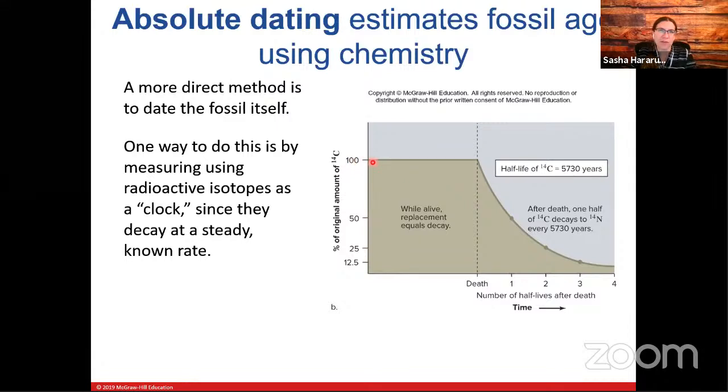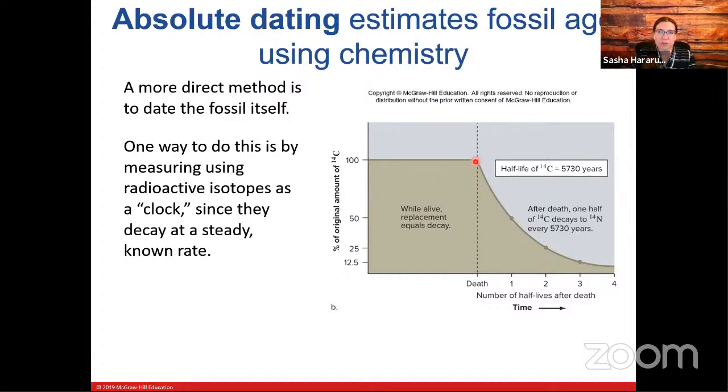While it's living, we take the content of carbon-14 as 100%, which does not mean that all of the carbon in the fish is carbon-14. The y-axis is relative to the carbon-14 content in the live organism. So while the organism is alive, by default, the relative content of carbon-14 is 100%.